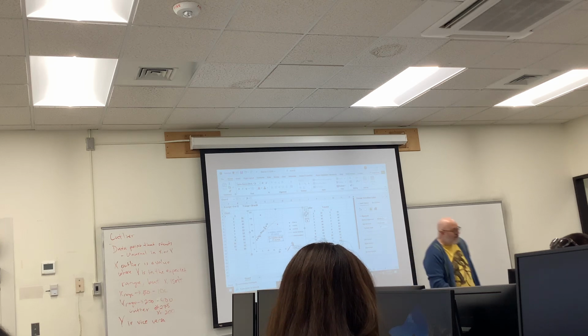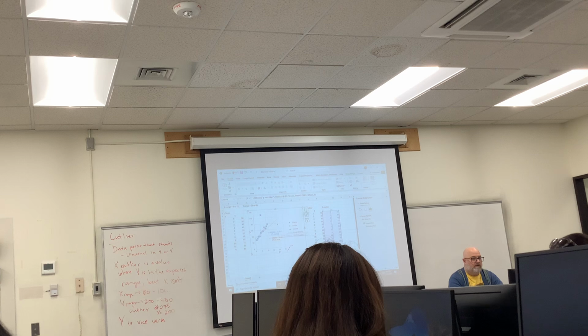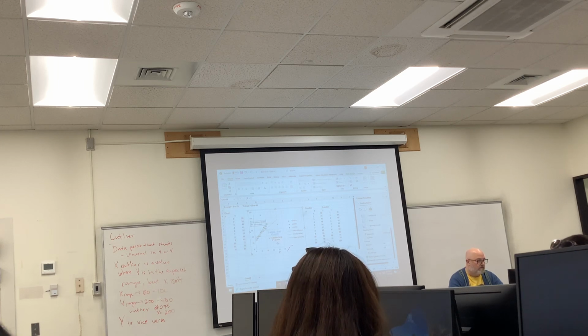Now, let's introduce the Y outlier trend line. So there we go. Add trend line. Color the font dark green. What do you notice here?